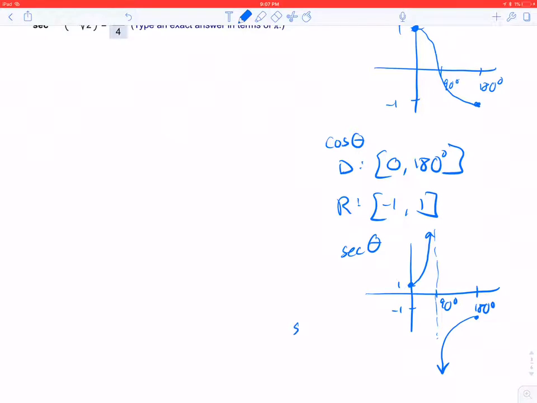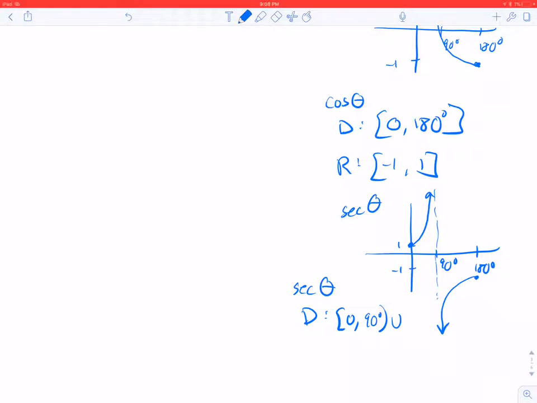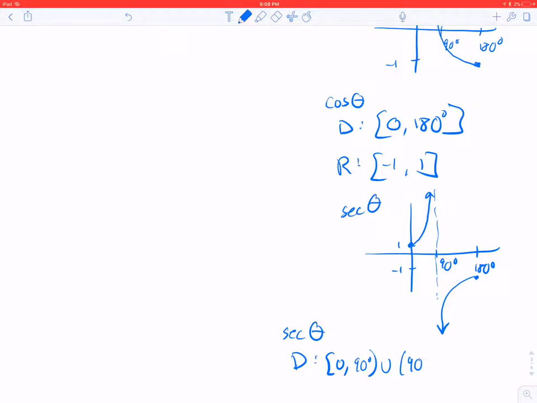So then we see for secant of theta, the domain, so the left to the right, is going to go from 0 to 90 degrees, union (90° to 180°).